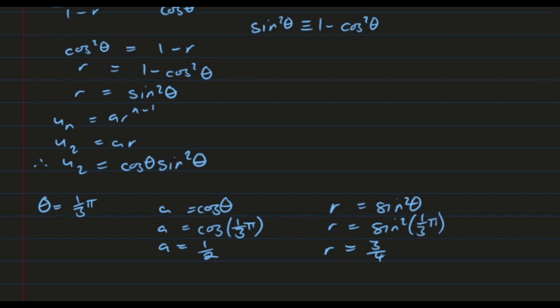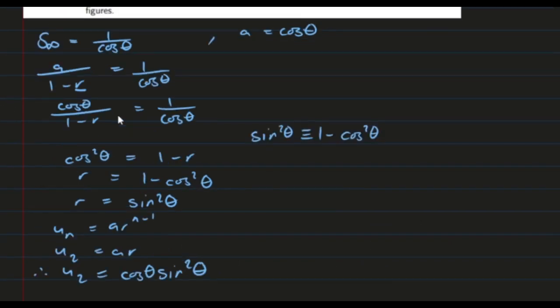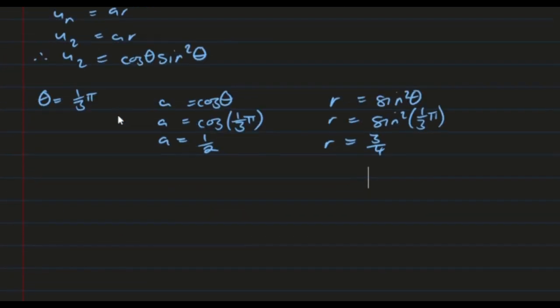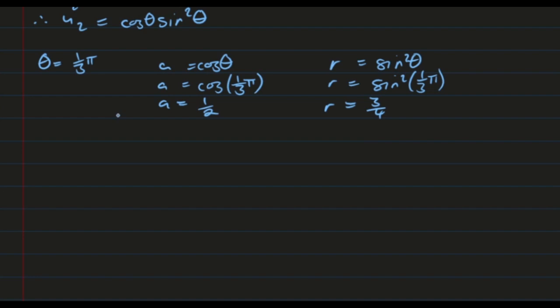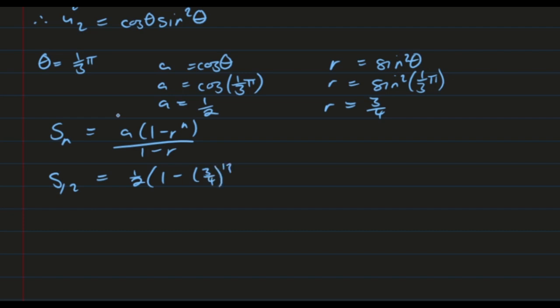We are required to find the sum of the first 12 terms, so we'll use the formula for the sum of the first n terms, a times 1 minus r to the power n, over 1 minus r. So the sum of the first 12 terms is equal to half times 1 minus 3/4 to the power 12, divided by 1 minus 3/4.